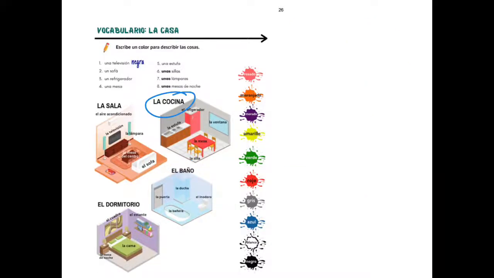Right now, we're going to look at numbers 1 through 8. We're going to read them, and we're going to add an adjective afterwards. Because in Spanish, the adjective is going to go after the noun. That's one thing we have to get used to. Noun plus the adjective.